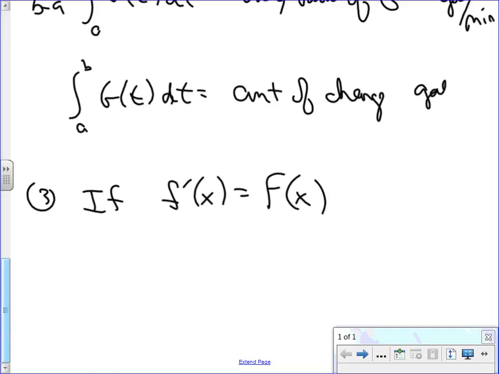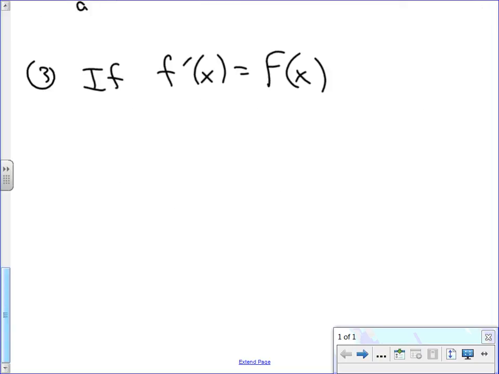If I give you this information, and sometimes it's this uppercase, lowercase thing, and sometimes it's two different letters, and I say take the antiderivative of big F, that's the same thing as taking the antiderivative of little f prime.